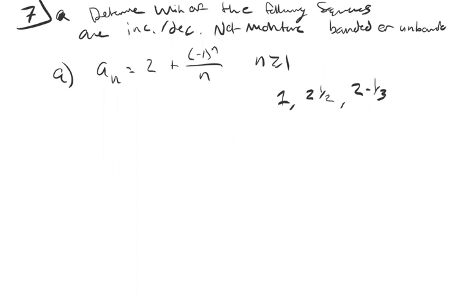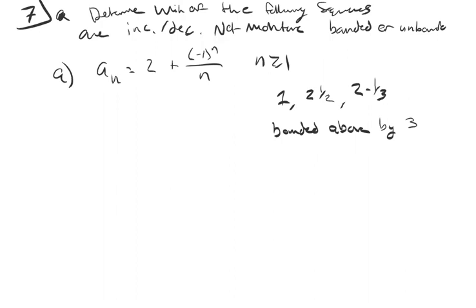So the way I think about this one is, whenever it's positive and we're above 2, we're adding something less than 1. So it's bounded above by 3, okay? Honestly, it's bounded above by 2.5, but 3 works, 5 works, 10 works. All of those are upper bounds.